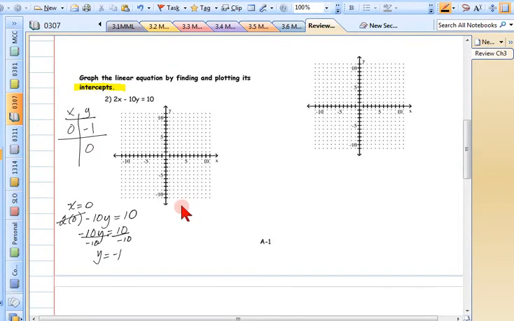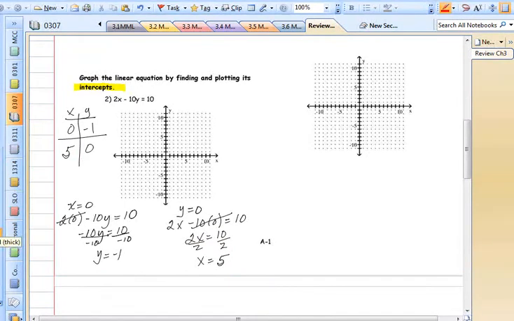The second part of the problem says to let y be 0. So I'm going to have 2 times x minus 10 times 0 is equal to 10. That term is 0, so I have 2x is 10. Divide by 2, x is 5. The x-intercept is 5, 0.